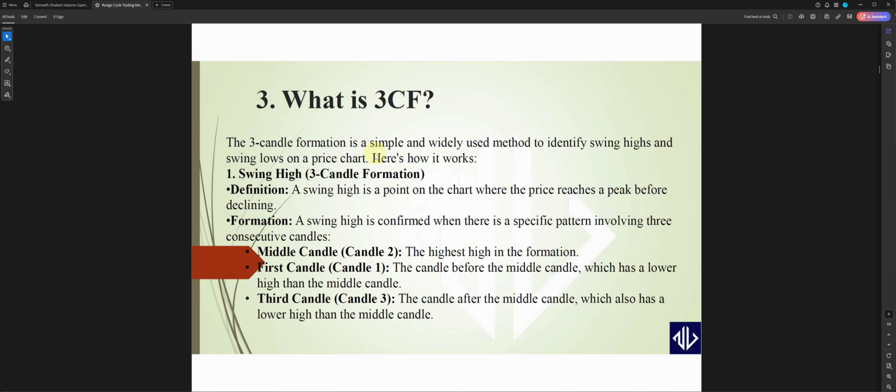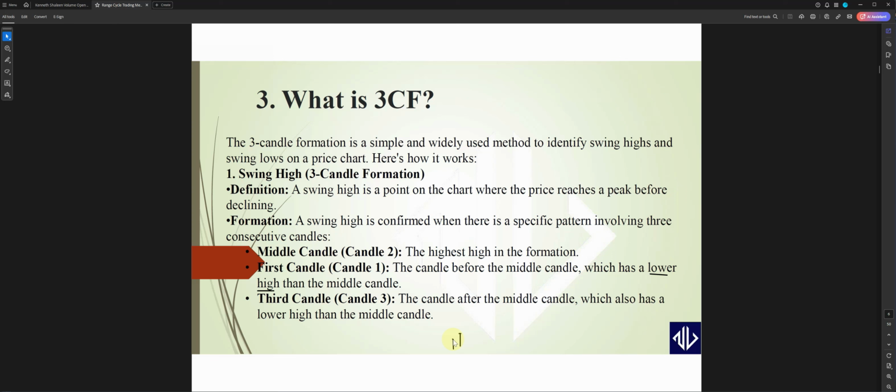As for the swing high, we want the middle candle high to be the highest one, and the first candle, or you can say the candle on the left, should have a lower high.